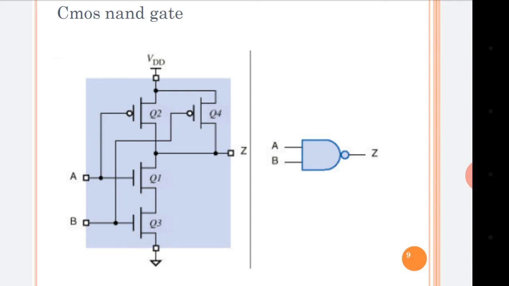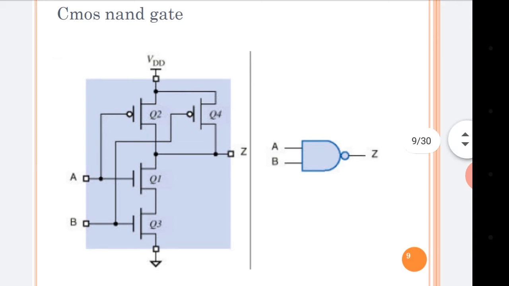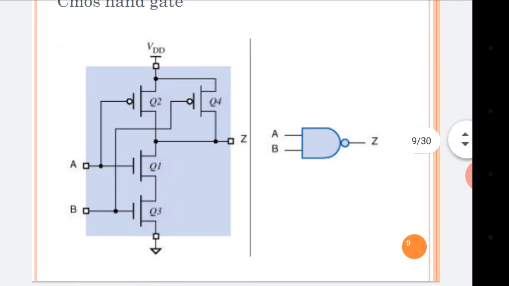A is the input terminal which is taken from the gate of one PMOS, that is Q2, and one NMOS, that is Q1. Similarly, B is also an input taken from the gate terminals of one PMOS and one NMOS transistor. Now the output terminal is taken at point Z. Let us discuss how this circuit will work.